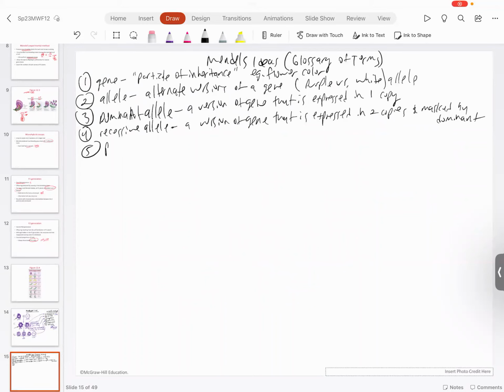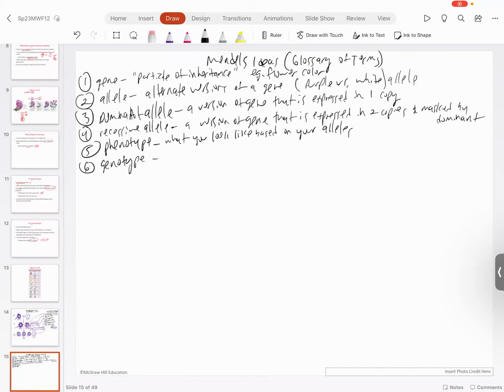We find the difference between phenotype and genotype. Phenotype is what you look like, based on your alleles.